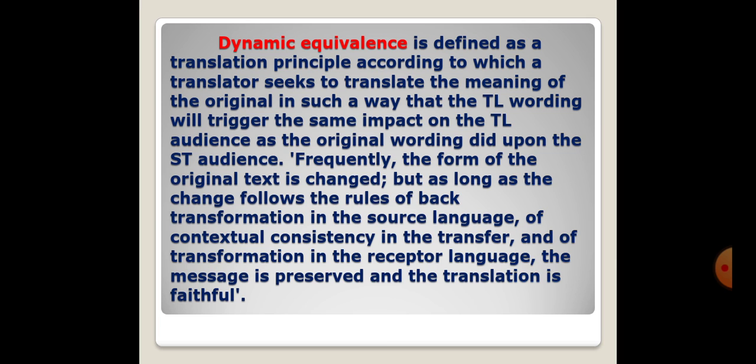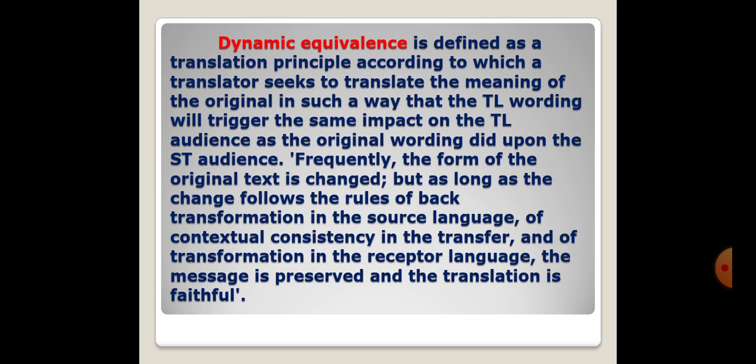Dynamic equivalence is defined as a translation principle according to which a translator seeks to translate the meaning of the original in such a way that the target language wording will trigger the same impact on the target language audience as the original wording did upon the source text audience.